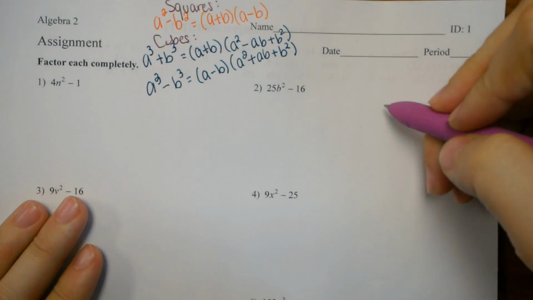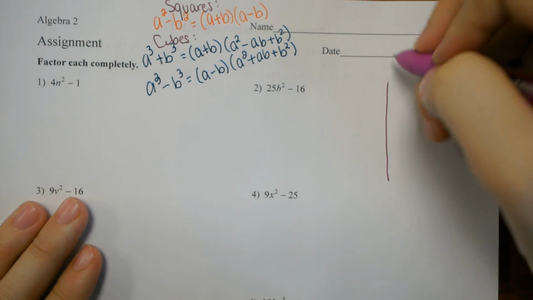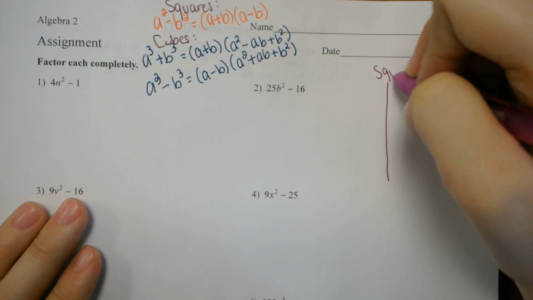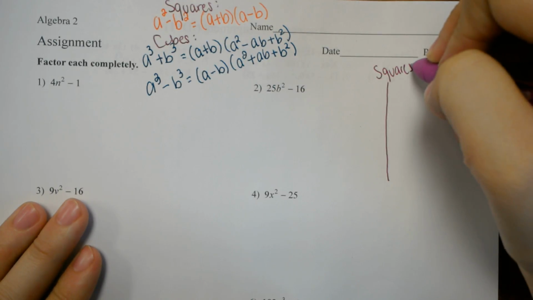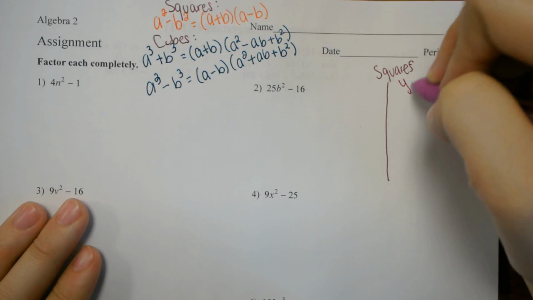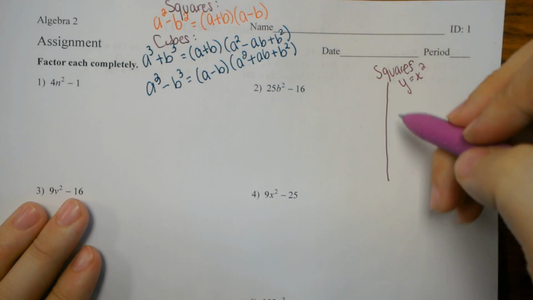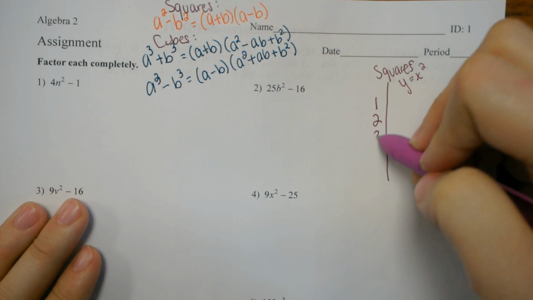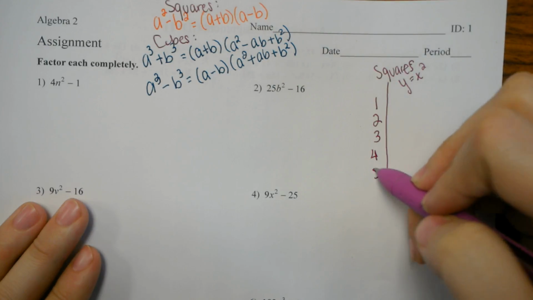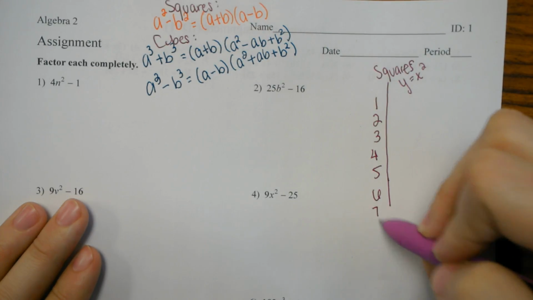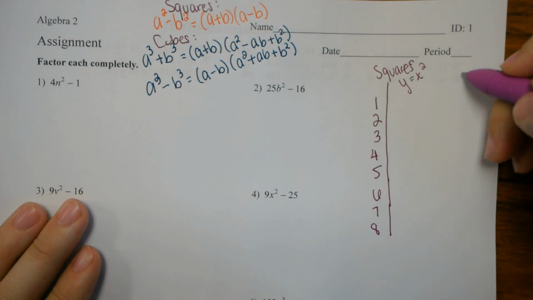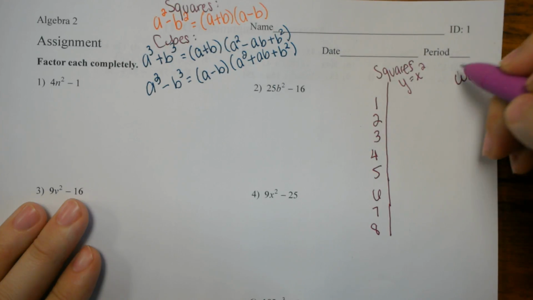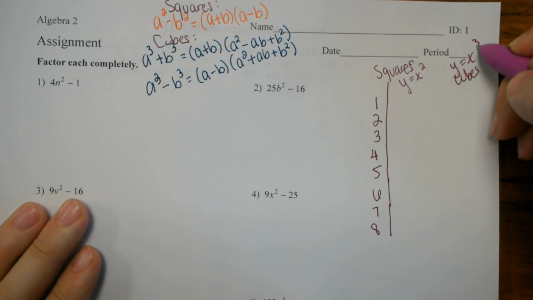And then we had tables where you could put this in the calculator. For your squares, you put in y equals x squared. For the cubes, that's y equals x cubed.